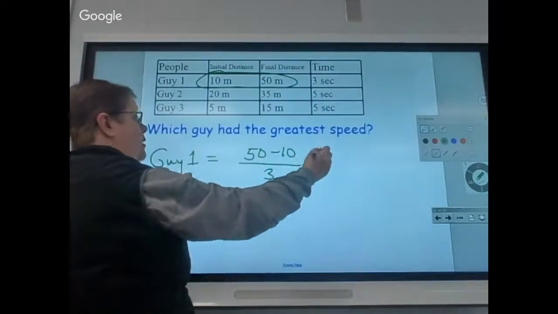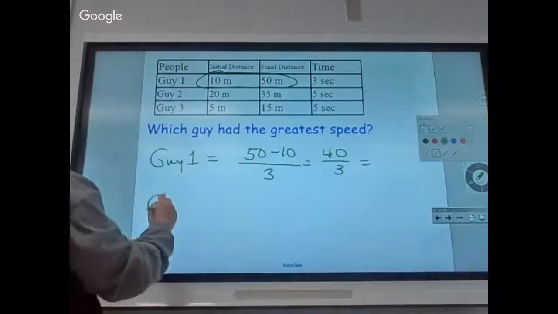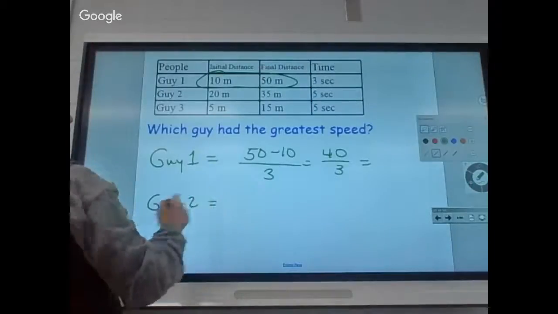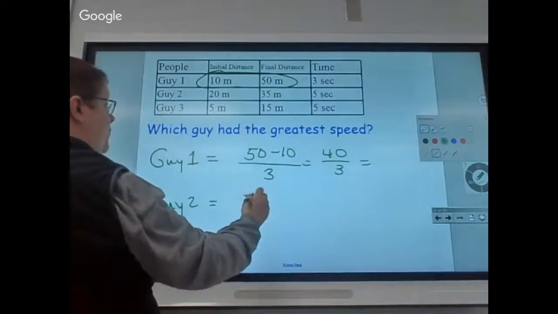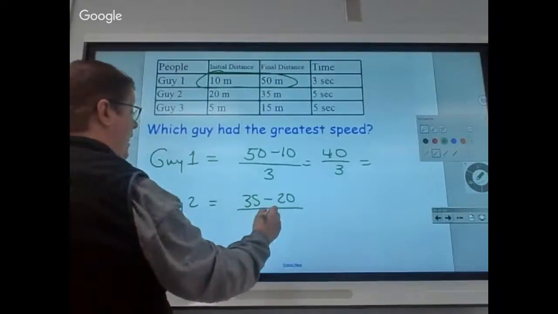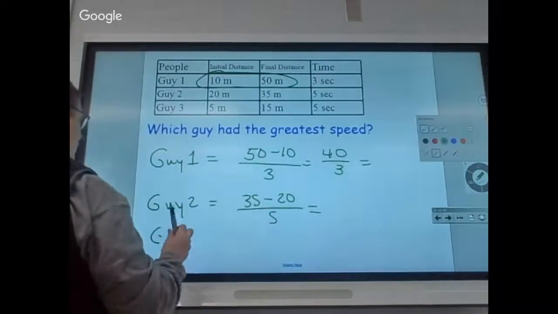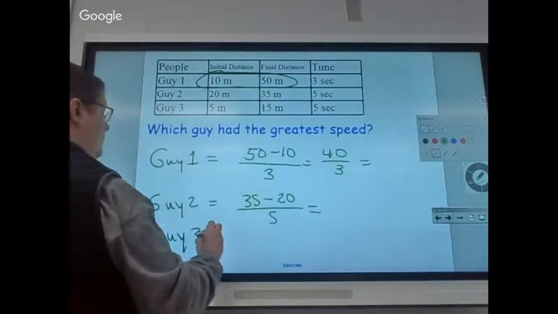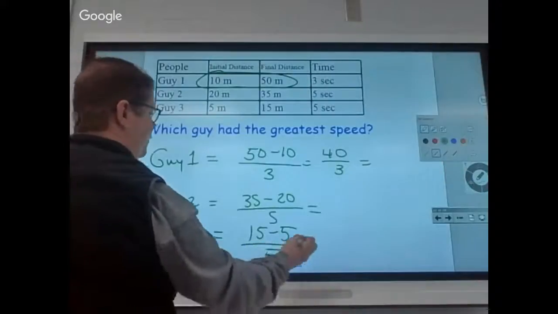So you'd have 40 over 3. For guy 2, what are the 2 distances? It was 35 minus 20 over what's his time? 5 seconds. And for guy 3, it was 15 minus 5 over 5.